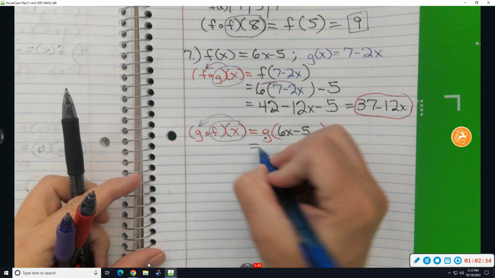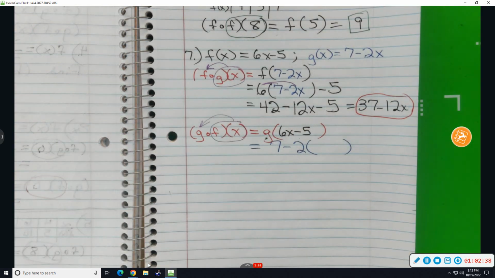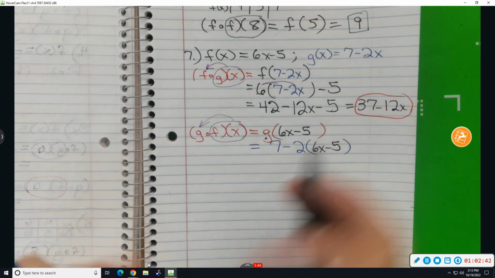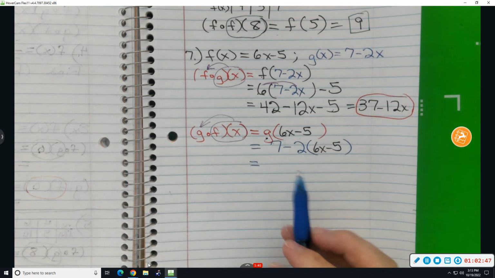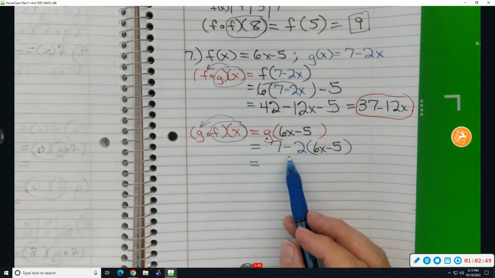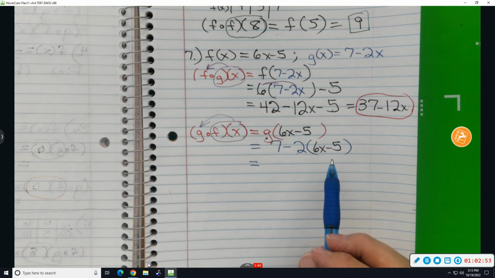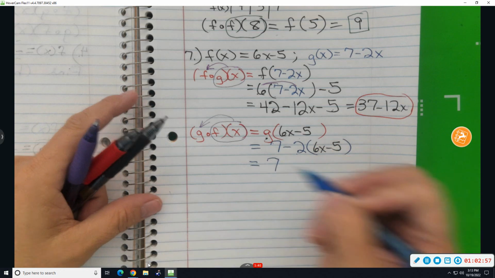So I have a 7 minus 2, replace that x with 6x minus 5. Don't subtract the 7 minus 2. Remember your order of operations. You multiply before you subtract. So that 7 you just bring down.